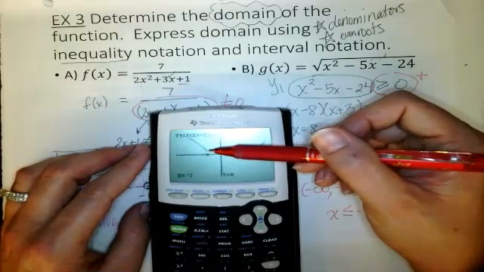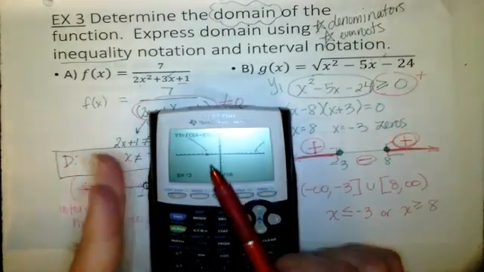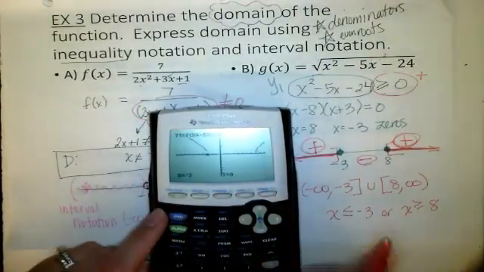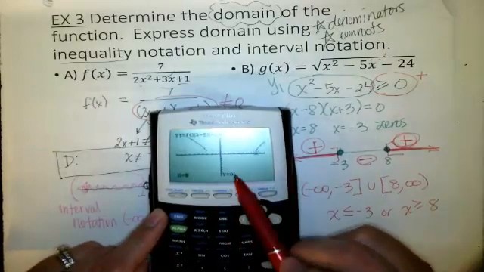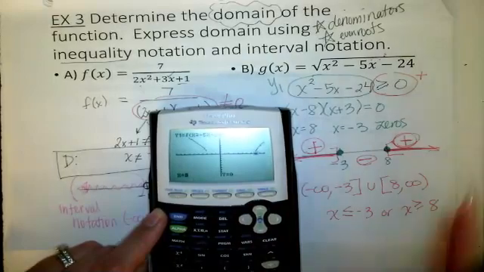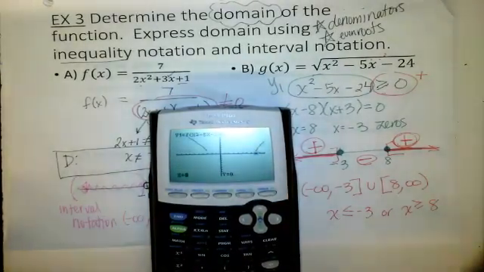It has a hard time graphing sometimes. But it does go from -infinity all the way here to -3. And then if I trace 8 again, you can see it's 8, 0. There's Tinkerbell right there, and it goes off to the right forever. So that's where it picks up at 8 and goes off to the right forever. So when in doubt, graph it out. So that touches 0? It does.